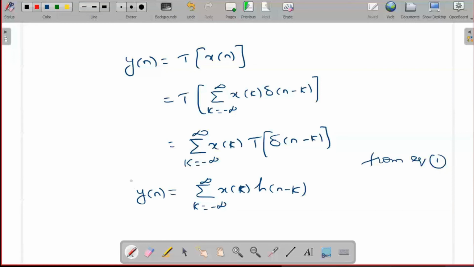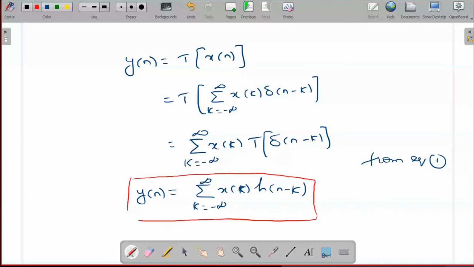Now observe this equation, which is nothing but the convolution sum. Symbolically, y of n is equal to x of n convolved with h of n.